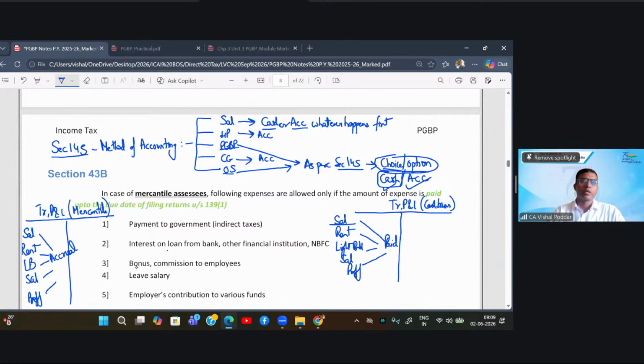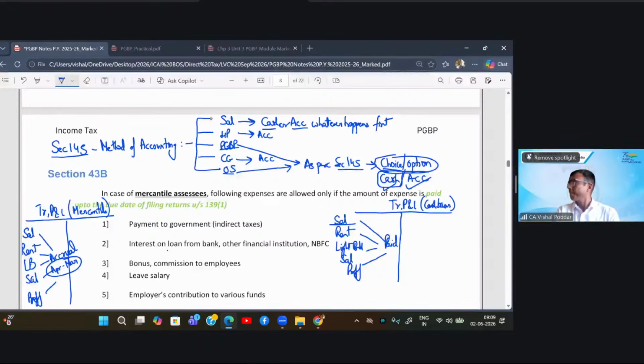Accrued means which are pertaining to April to March, whether actually paid or not paid. So we are taking April month salary, May, June, July, August, September, and so on up to March. You may not have paid one of these months' salary in the current year. That is okay, because we are following accrual.